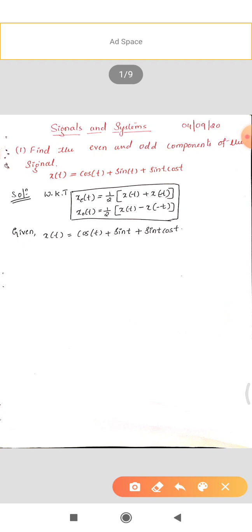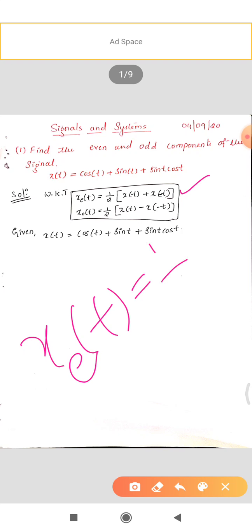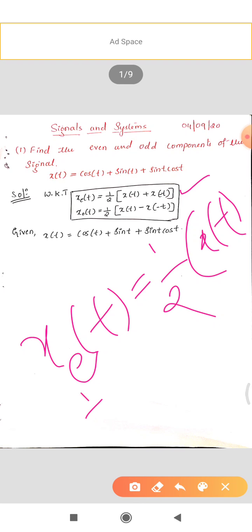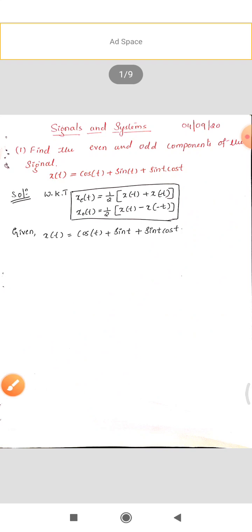That is xe of t. This is nothing but the even part of the signal, which can be calculated by half x of t plus x of minus t. Okay, this is one equation we have derived.